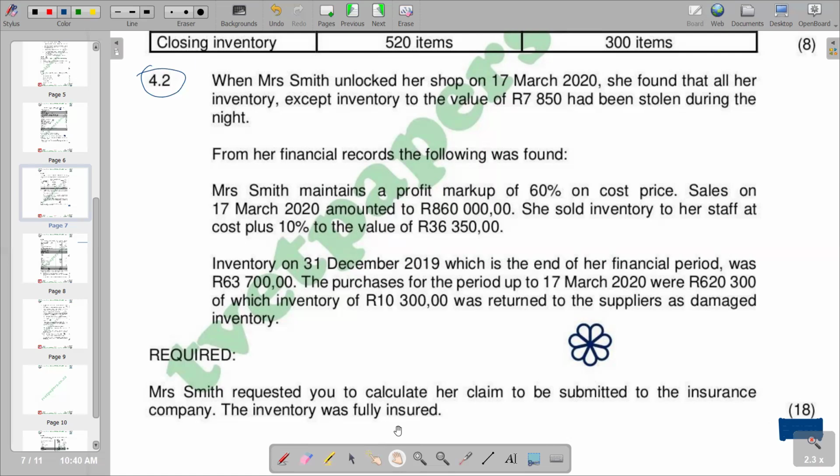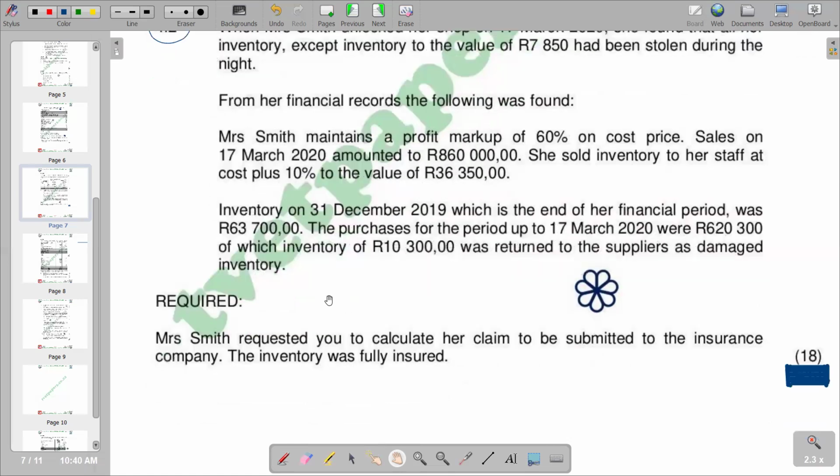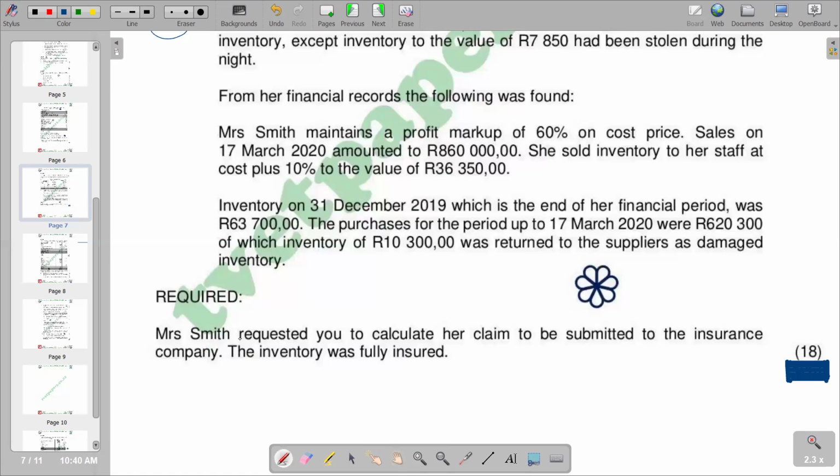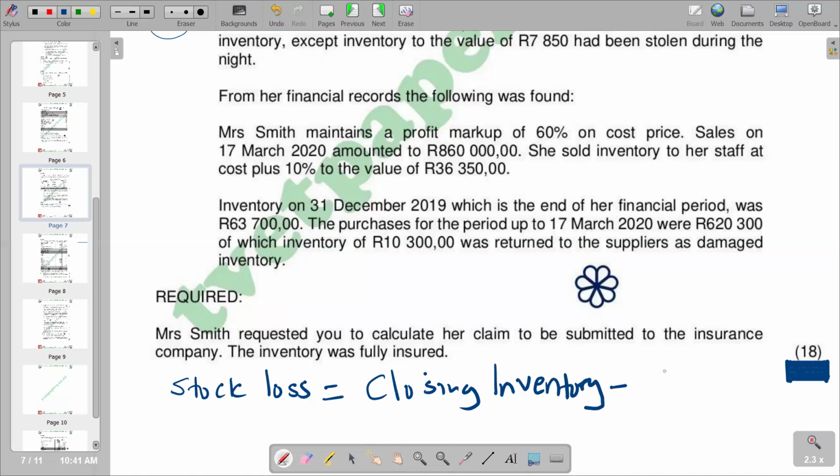Given the calculation of our stock loss according to the information given, we are going to come up with the formula that we are going to employ, whereby our inventory loss, or stock loss, equals closing inventory minus salvage.